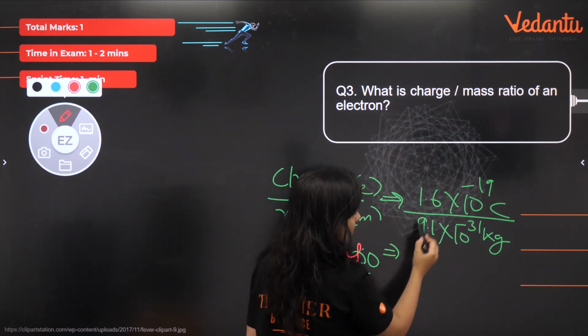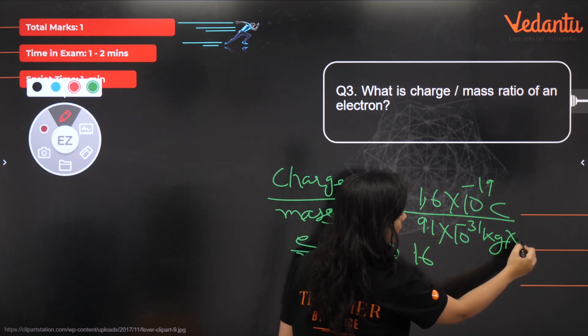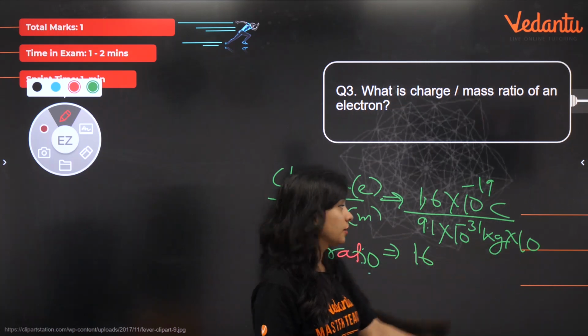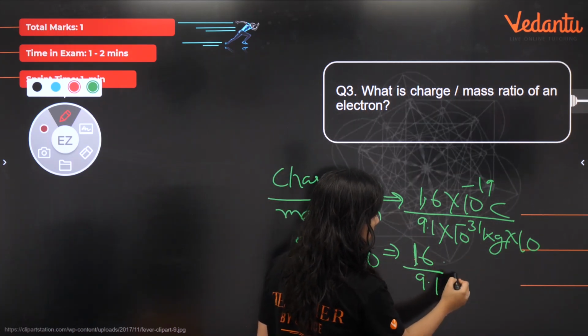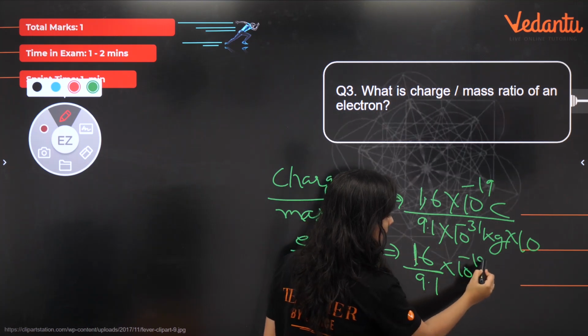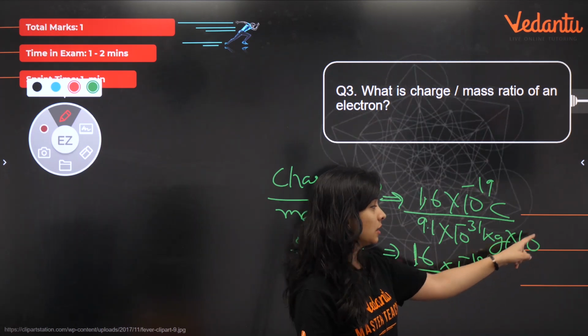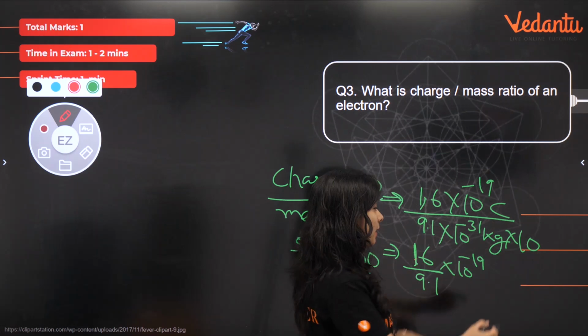मैं क्या करती हूँ, ये डेसिमल इधर ले जाती हूँ, 16 कैसे, और ये 10 इधर आ गया, right? If I remove this decimal, I can write 10 here, right? तो 16 divided by 9.1 into 10^-19, ये बन गया 10^-30, right? 1 है, ये -31 है, तो -30 ऊपर जाएगा +30.